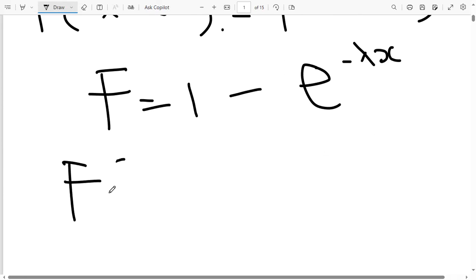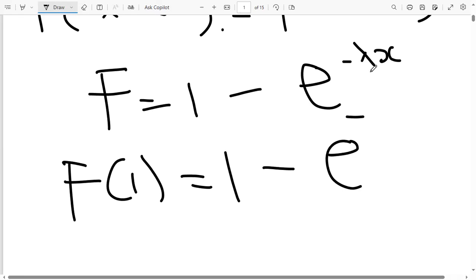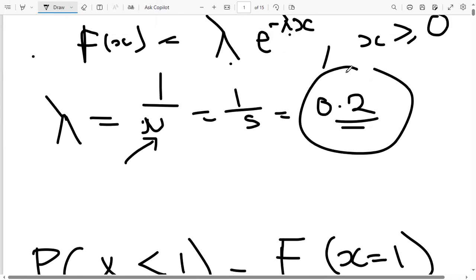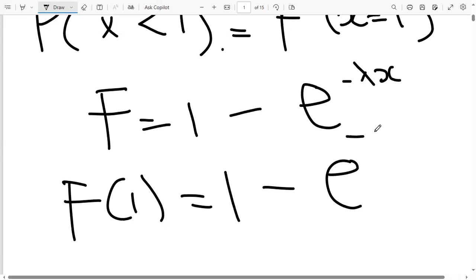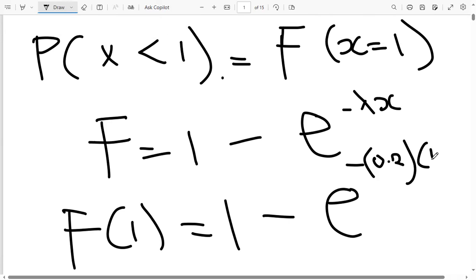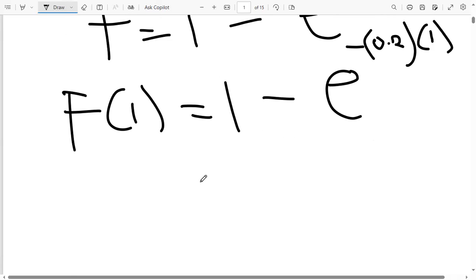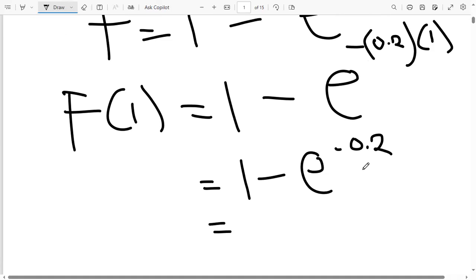So F of 1 is equal to 1 minus e to the power minus 0.2, the value of lambda, multiplied by 1.